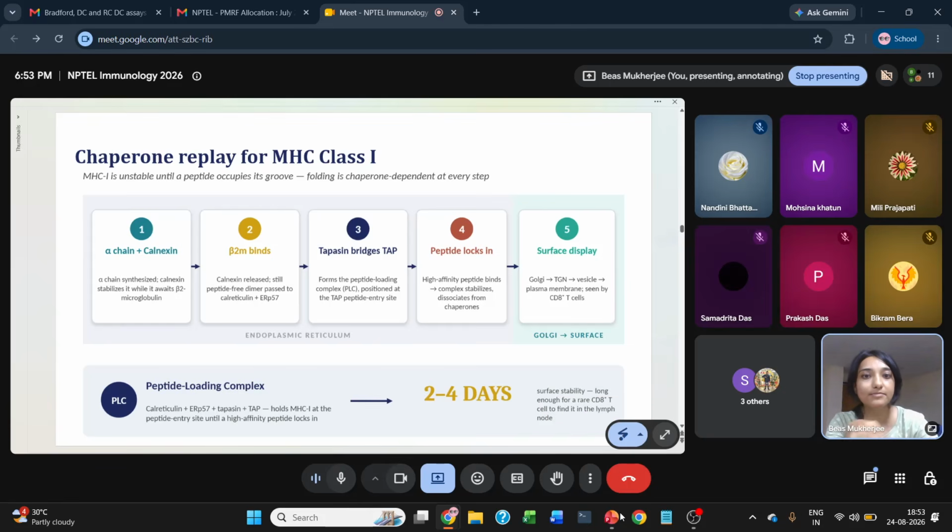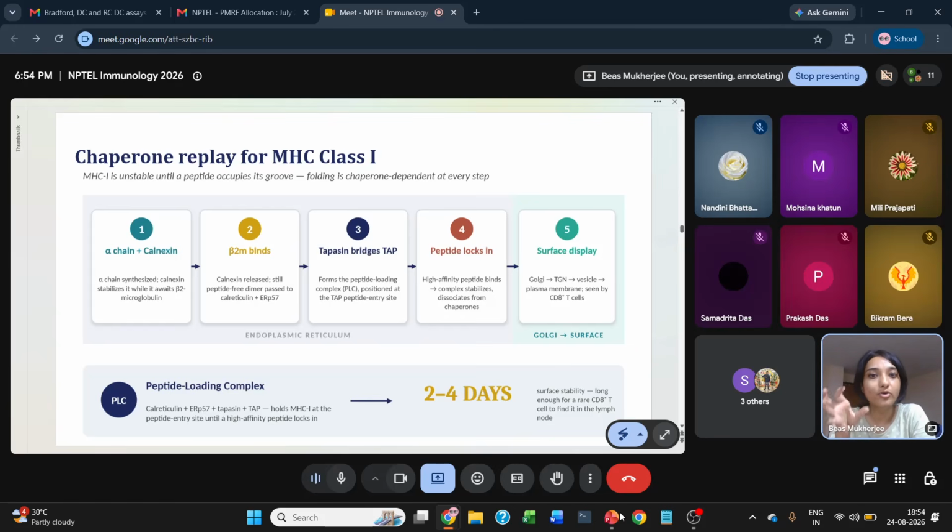The same thing is explained once again here. So alpha chain plus calnexin. The alpha chain is synthesized, and calnexin stabilizes it while it awaits the beta 2 microglobulin. Calnexin is released and the peptide free dimer is still okay. So MHC I is unstable until a peptide occupies its groove. Okay.